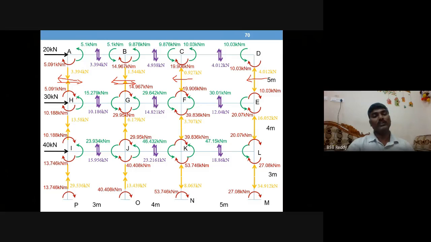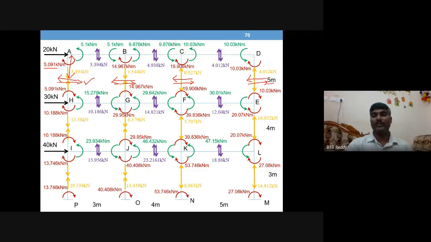To have this direction at the bottom end, you should have this arrow, with shear acting to the right. So this is the shear notation in a column, and similarly for the other columns. Got it? Likewise, you should have shear values for all 12 columns. That is how you calculate. It's very simple: this moment divided by half of the column height.